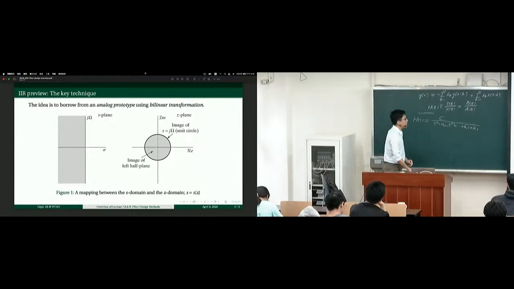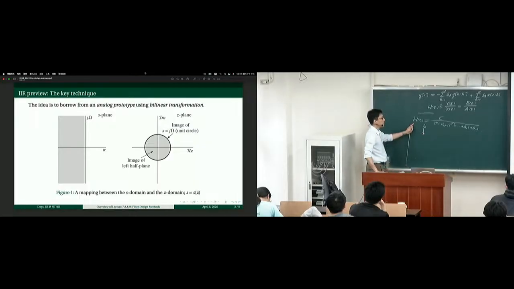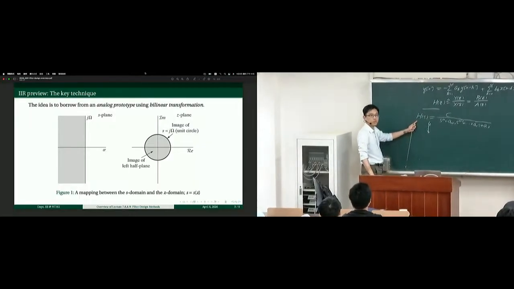And then we are going to turn this analog system into a digital system function.